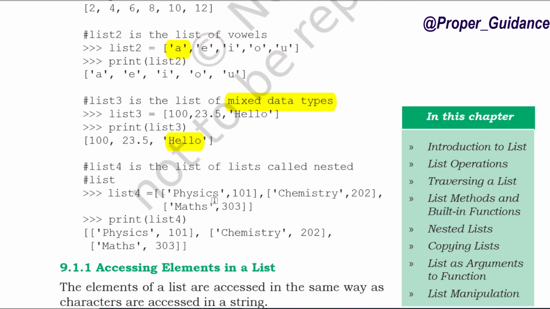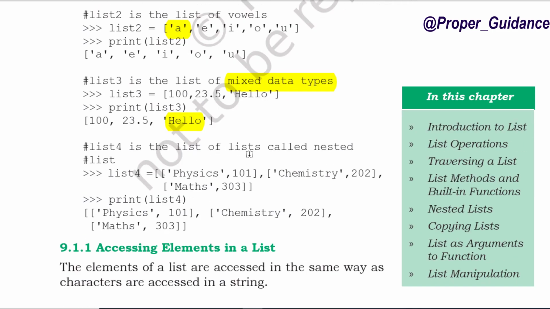And the next one, list 4, is the list of lists called nested list. Nested list means list within a list. See, list 4 equals to physics, comma 101, written within a square bracket; chemistry, comma 202; and maths, comma 303.